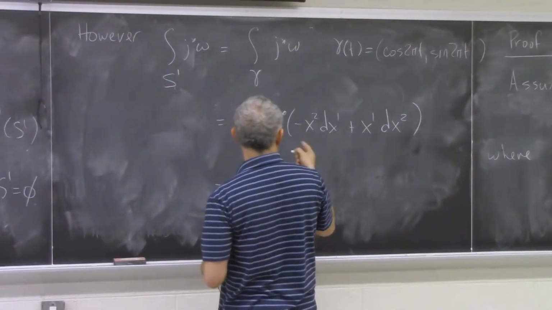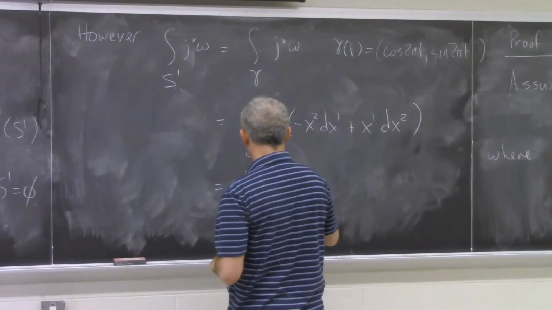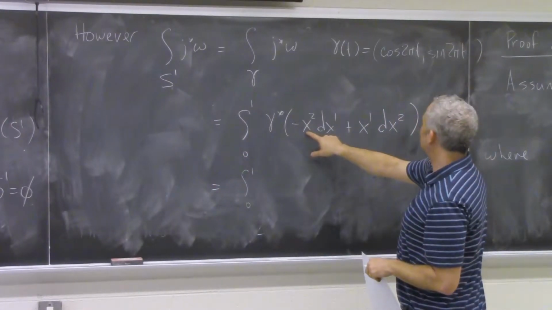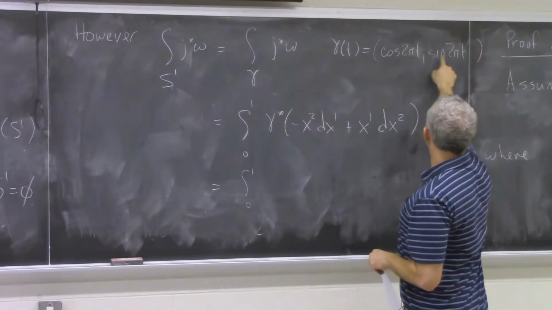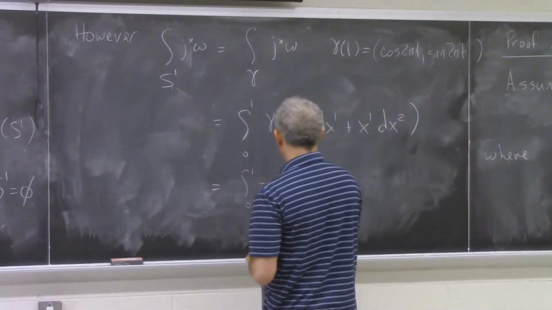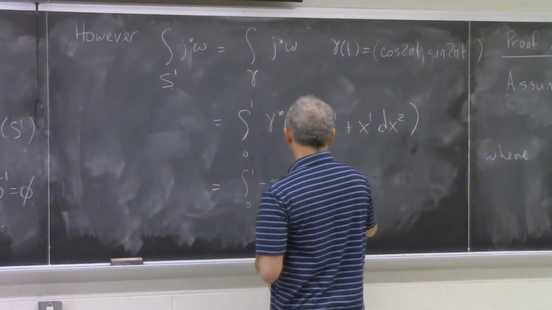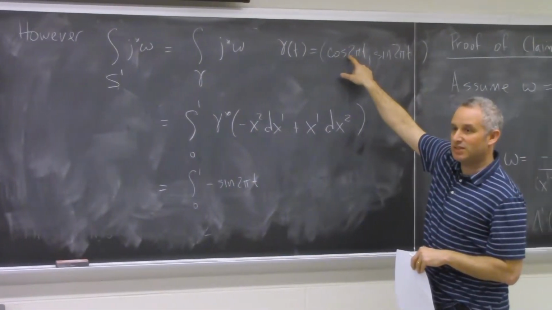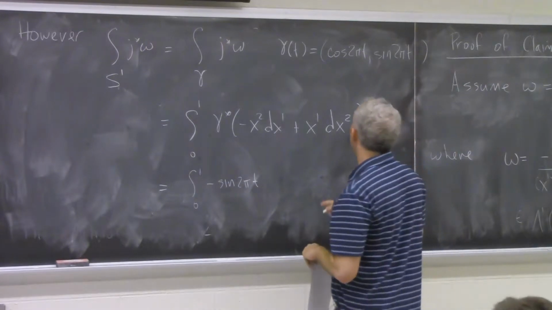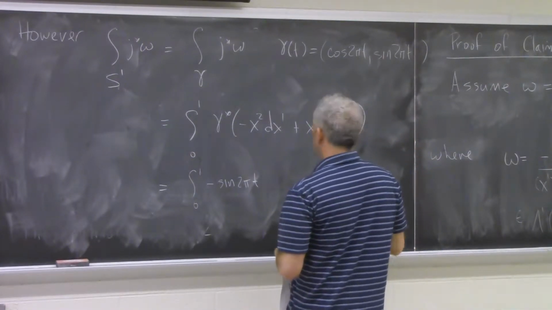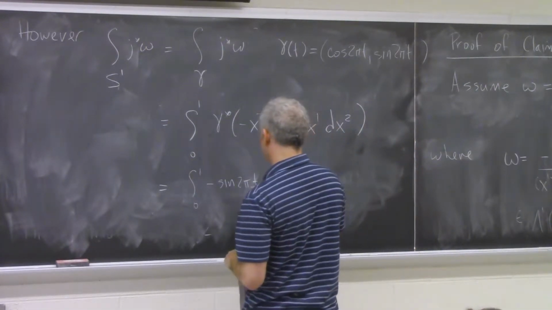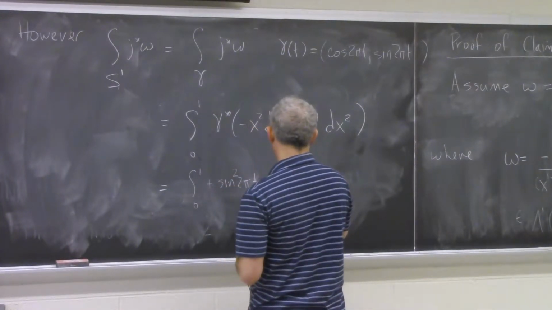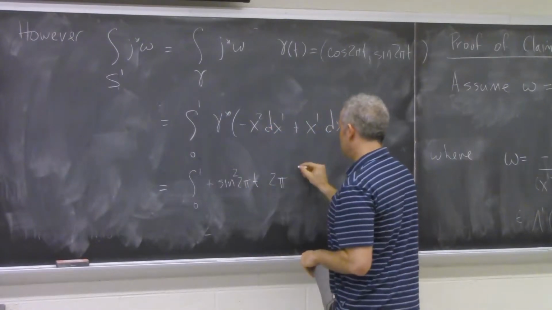We have the integral from 0 to 1. We evaluate this at our gamma 2, so that's minus sine 2 pi t. And then dx1, we take d of this, and we get another minus sign, so that's plus sine squared, and then we get 2 pi dt.